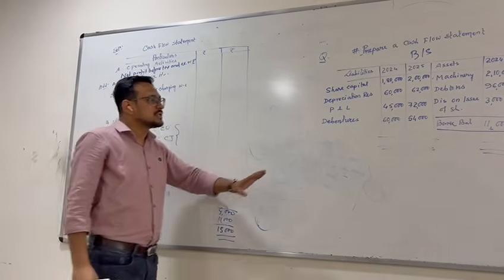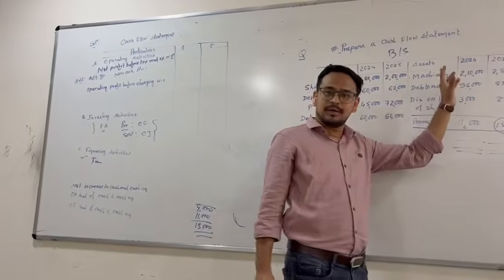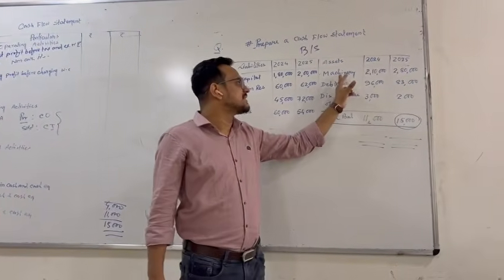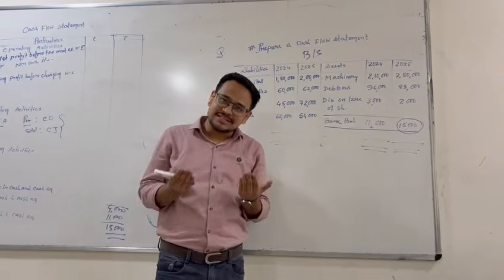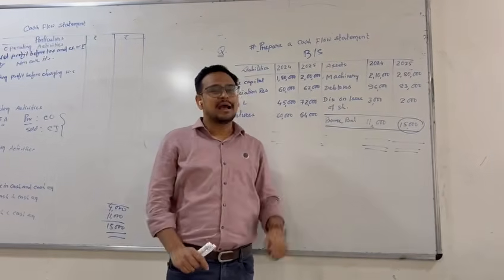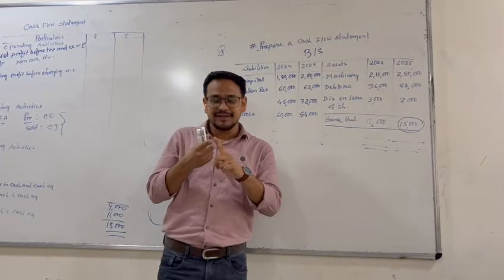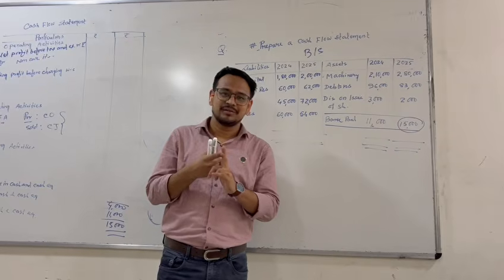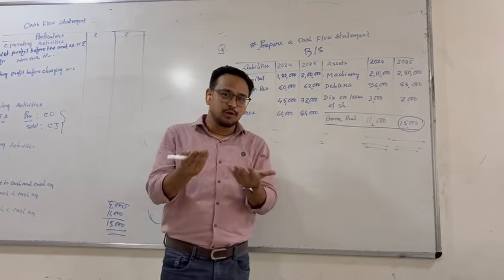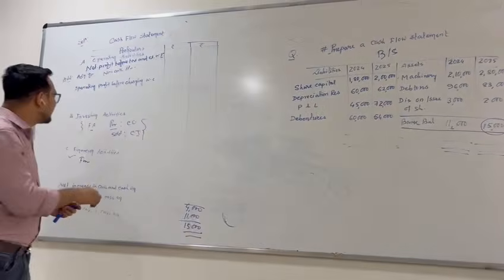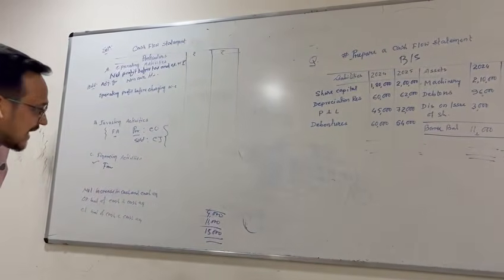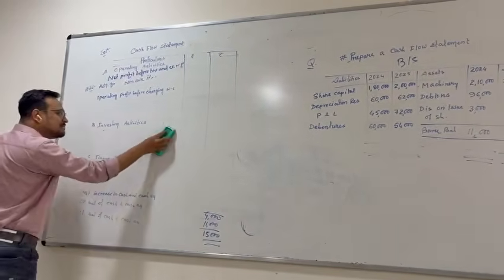So you analyze, starting from the asset side. Start from the asset side, machinery. 2,10,000 to 2,80,000. So what is the change? First you tell me, machinery comes in which activity? Operating, investing or financing? Machinery is an asset. I told you, asset, in which activity? Yes, investing activity, because fixed assets are related to our investing activity.